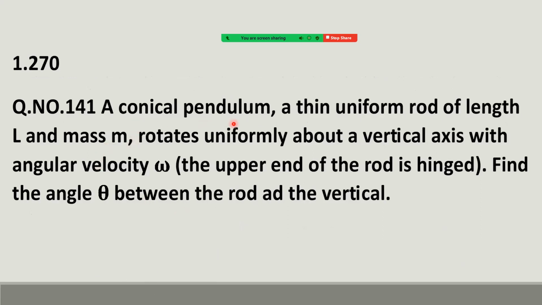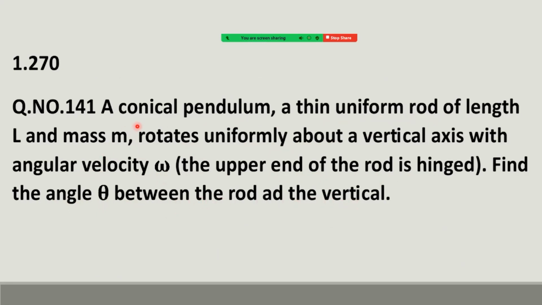A conical pendulum: a thin uniform rod of length L and mass m rotates uniformly about a vertical axis with angular velocity omega. The upper end of the rod is hinged. Find the angle theta between the rod and the vertical.